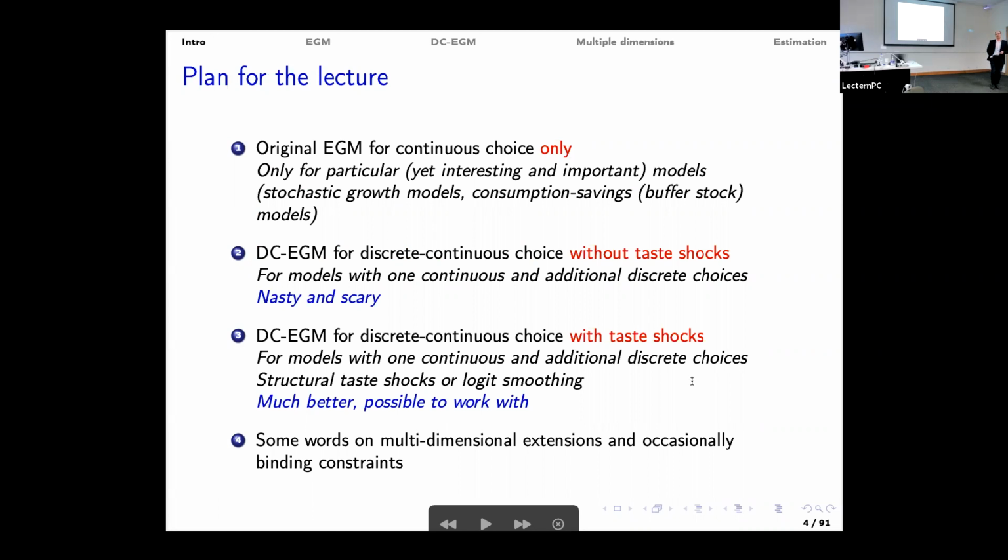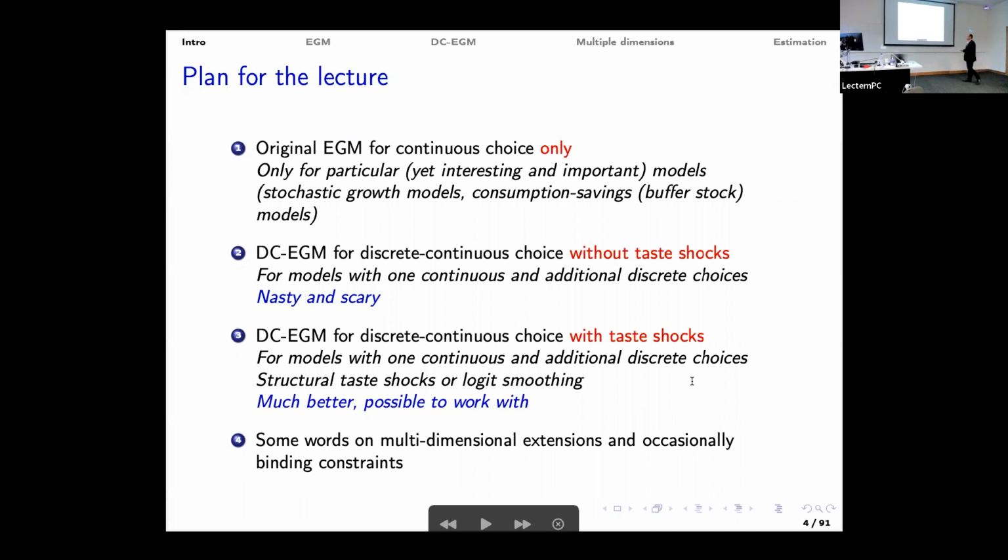I mean, we can admit that it's been a long journey. But first, we're trying to just extend the ideas of EGM to the models which also have discrete choices. And then adding our favorite taste shocks with extreme value distribution turned out to be a really nice approach that allowed us to work with these nasty problems in a much more manageable way.